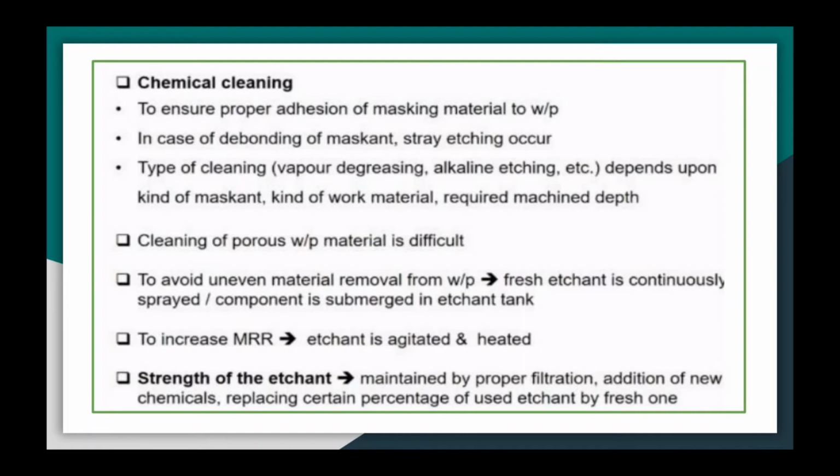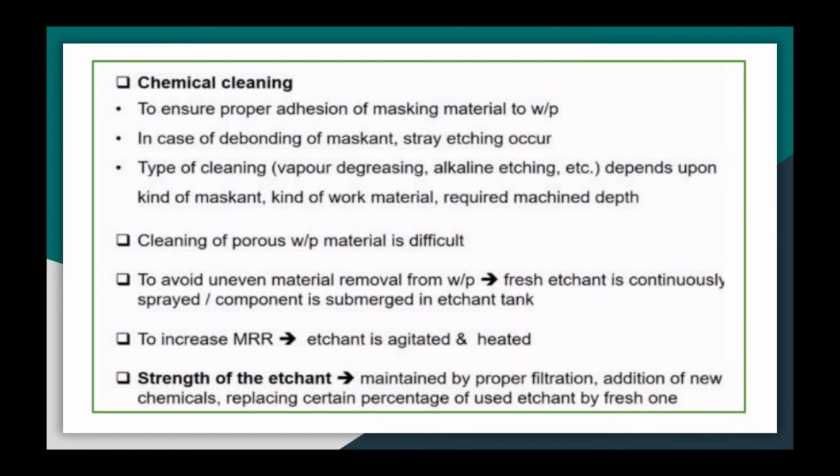However, you have to control the temperature of the etchant, otherwise a lot of loss of etchant will take place and it will make the process uneconomical. And if you are agitating too much or heavily, that also may not be desirable. So these points we need to take into account.